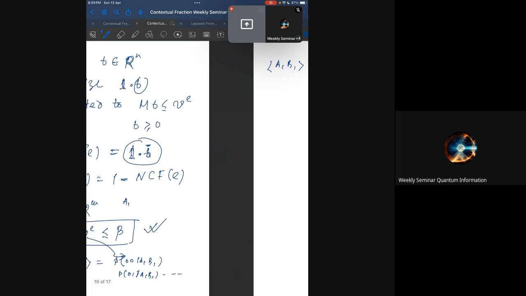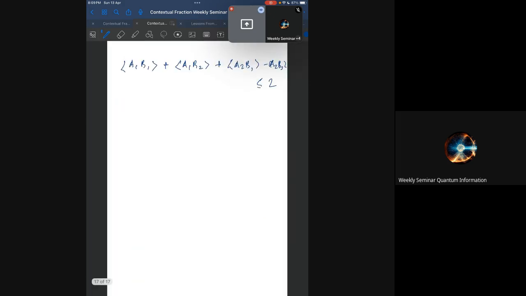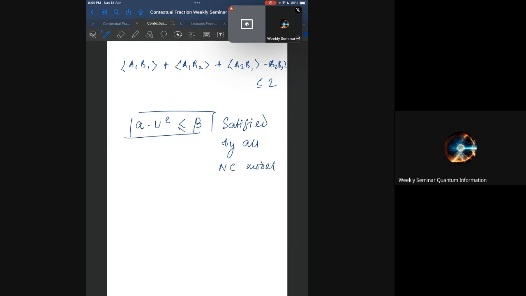So if this inequality A dot V^e, what I am writing, is satisfied by all non-contextual models, then I say this is a non-contextual inequality. Okay.